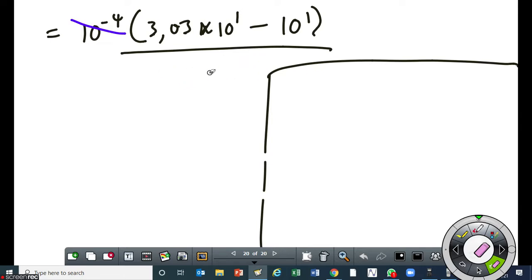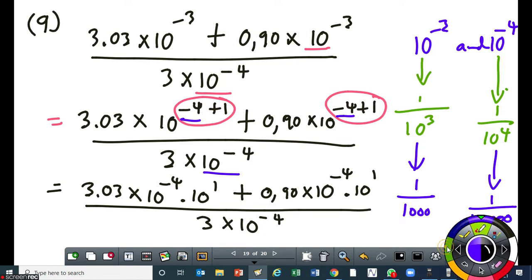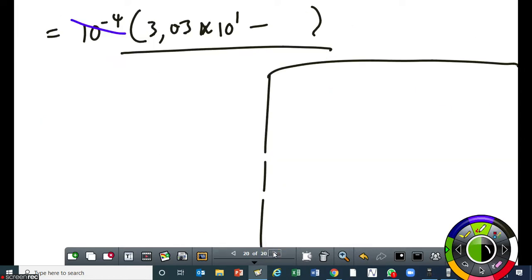Okay. So what I'm going to do is I'll put it here because on the previous page, I wrote it right here. It's here, right? So I need to put it here. So this will be 0.90 times 10 to the power of 1. Right? This is over 3 times 10 to the power of minus 4.